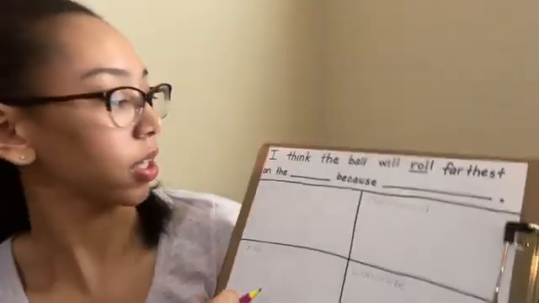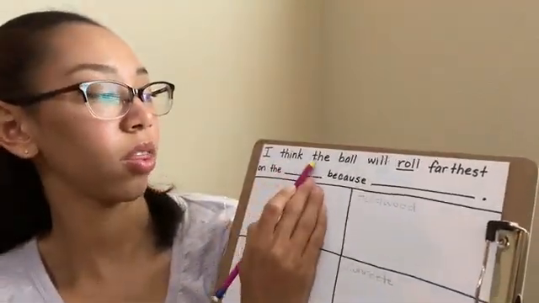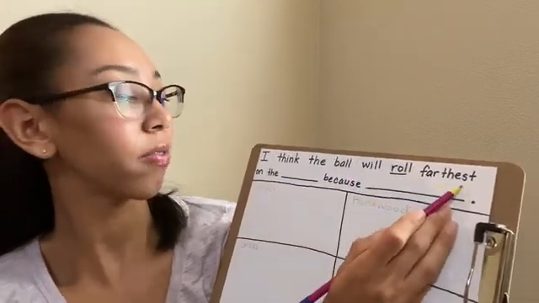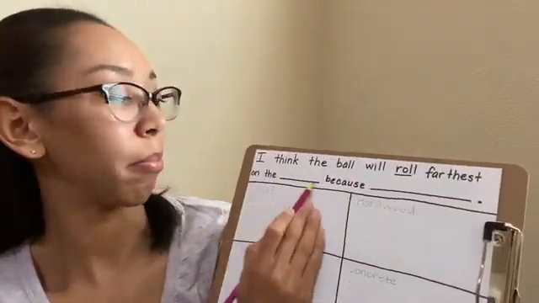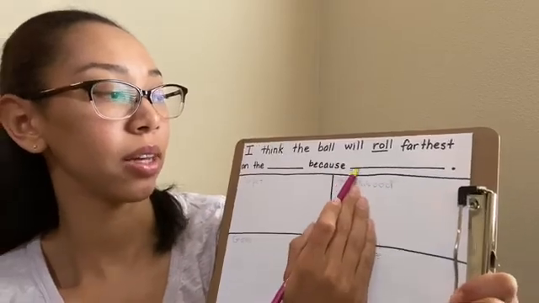So I wonder, which type of ground will my ball roll the farthest on? So we will write a hypothesis. I think the ball will roll farthest on the blank because blank.